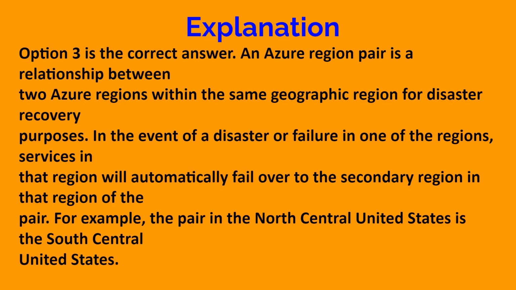An Azure region pair is a relationship between two Azure regions within the same geographic region for disaster recovery purposes. In the event of a disaster or failure in one of the regions, services in that region will automatically fail over to the secondary region in that region of the pair. For example, the pair in the north-central United States is the south-central United States.